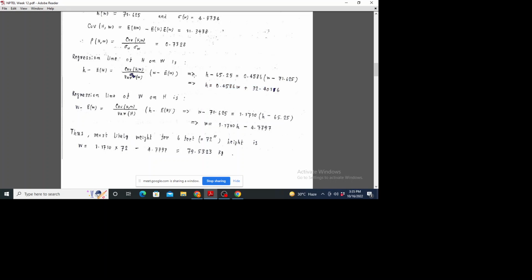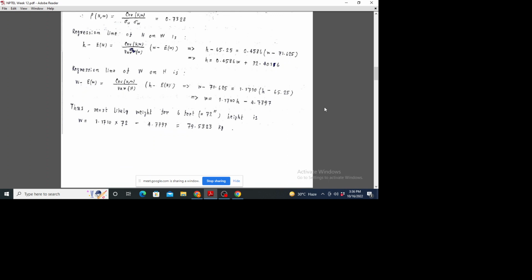I think this is one of the options, but we are getting 32.4016, and I guess you have 32.4028 in the option. I think we are close enough to mark that as an option. So this is the approach, and whatever result you get, you get.